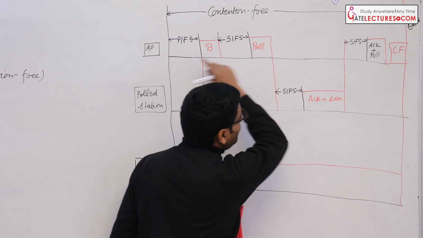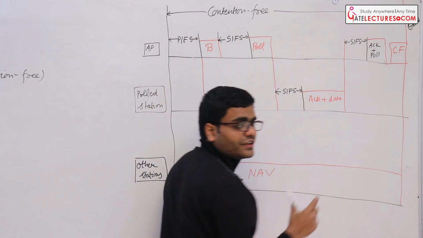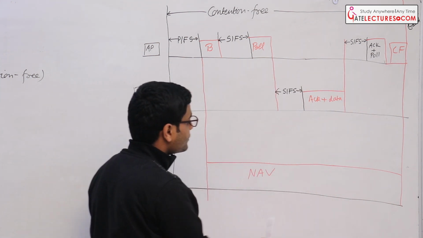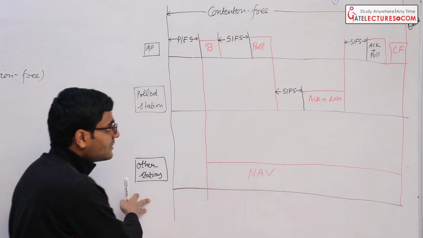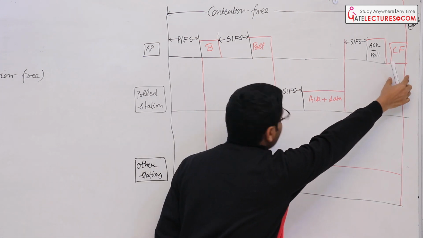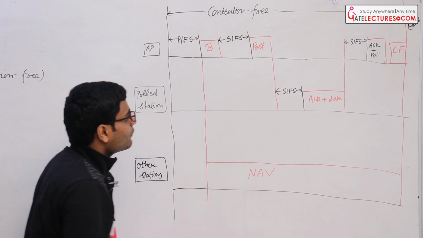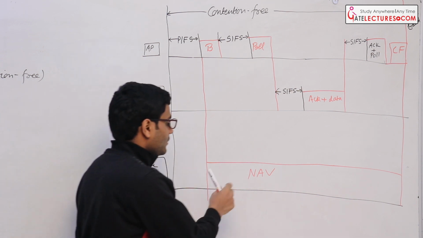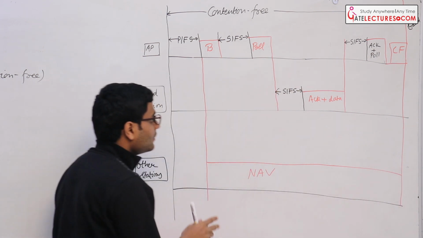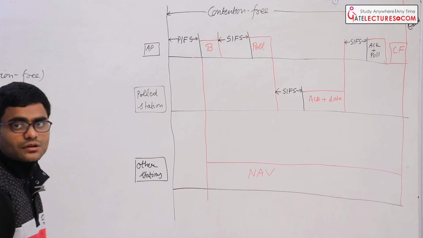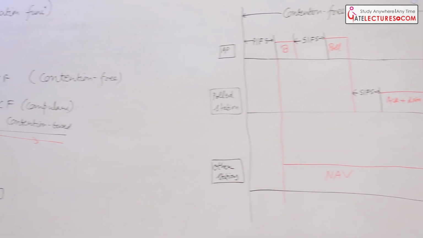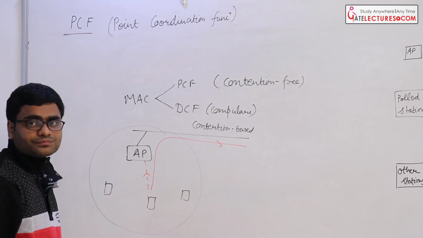So the access point will send a contention free end frame to all the stations, and when these other stations receive it from the access point, they will end their NAV vector, and again the contention based services will start.